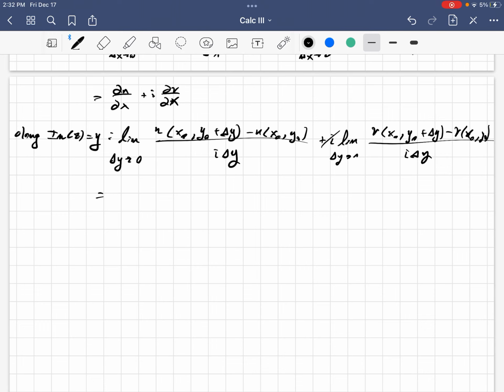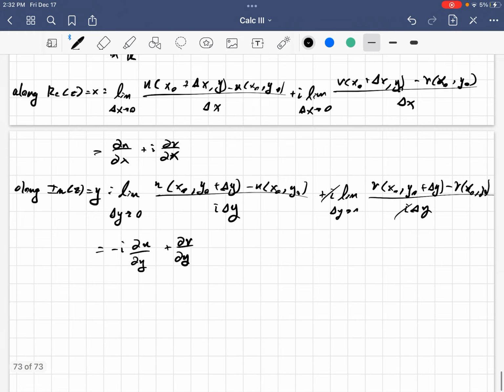Now notice these i's cancel, which is nice, and then the 1 over i on the bottom of this first limit becomes a negative i in the numerator, and so we would get that this is negative i times the partial of u with respect to y plus the partial of v with respect to y.